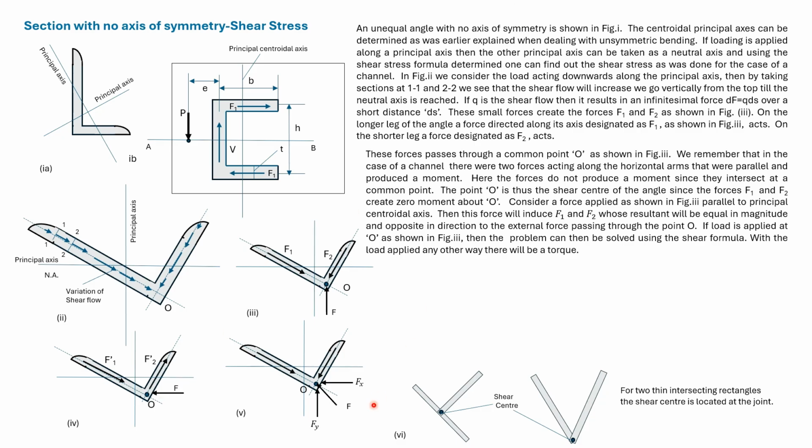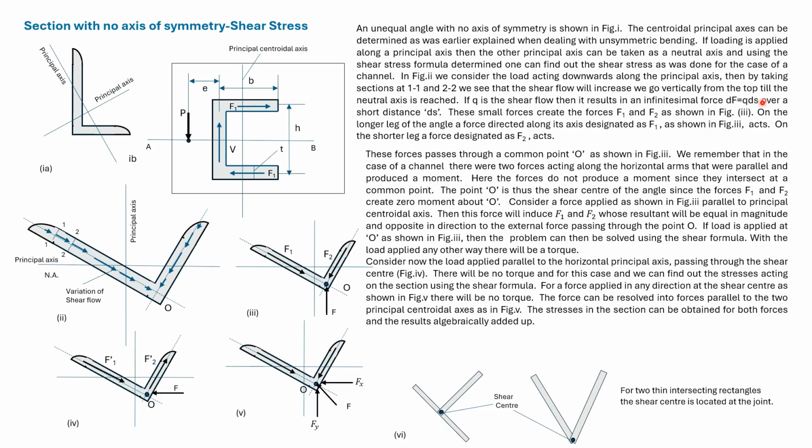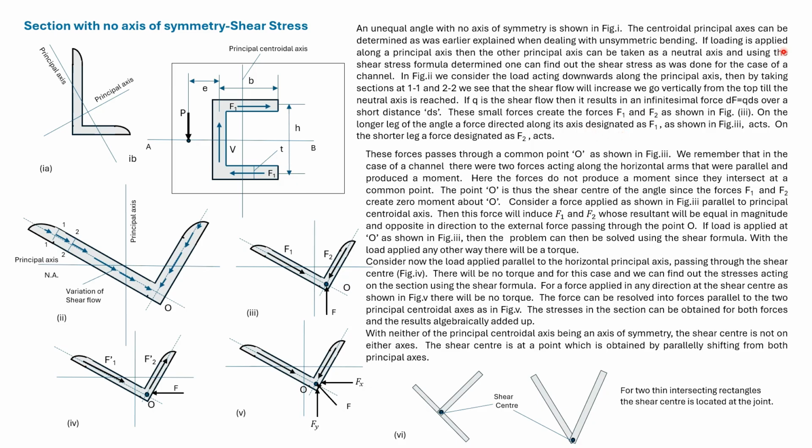So in general, a force can be applied in any direction at the shear center and it will cause no torque. This force can be resolved along the two principal axes or parallel to the two principal axes. We can use the shear stress formula to find the shear stress for each of these cases.